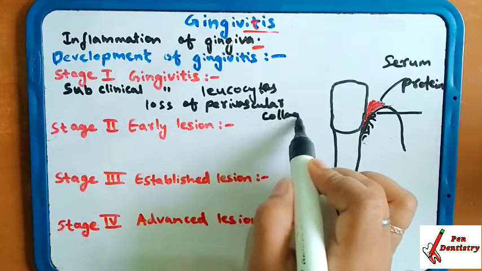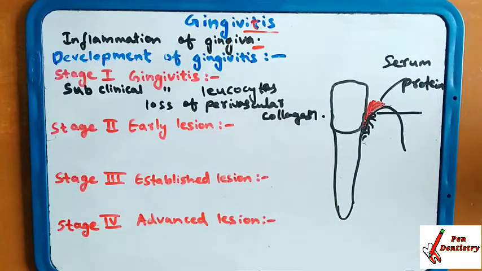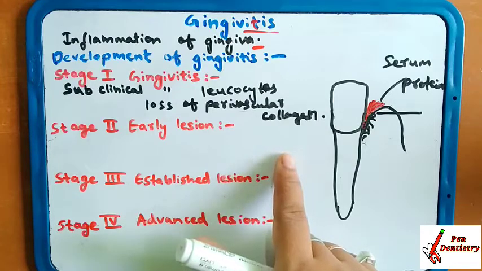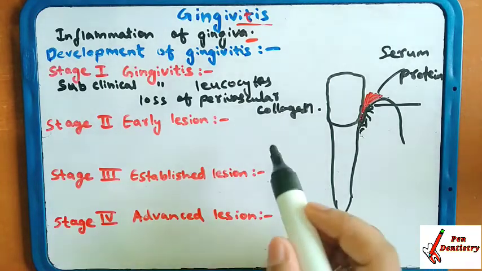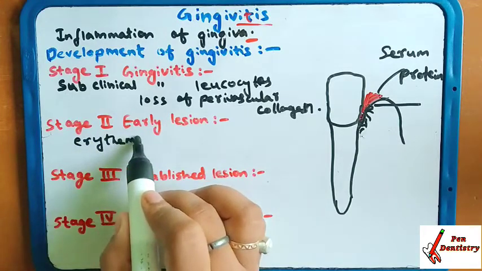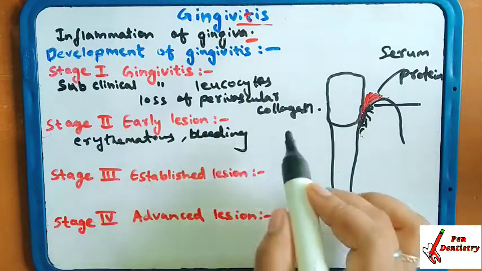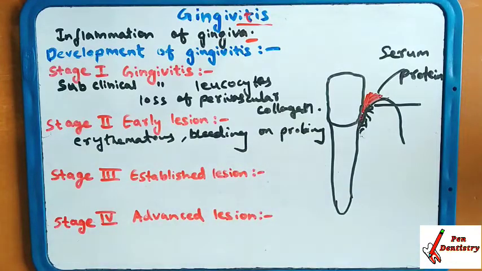In the first stage we will see these things, and in the second stage there will be edematous gingiva, redness of the gingiva, and bleeding on probing. In the second stage, these things will be seen.